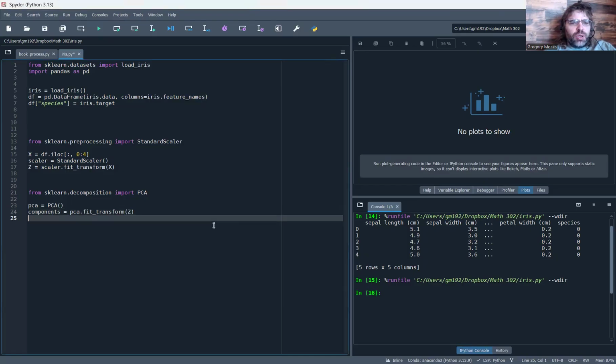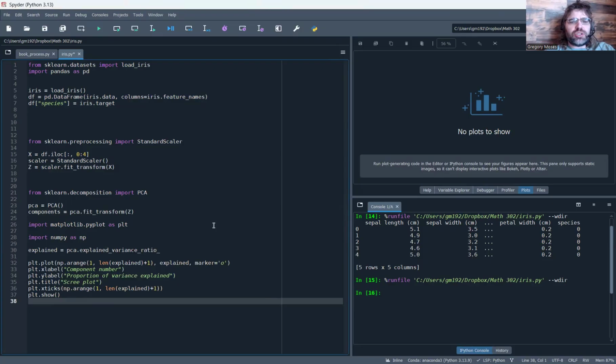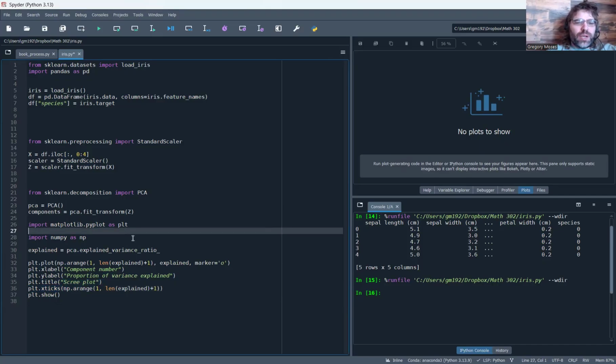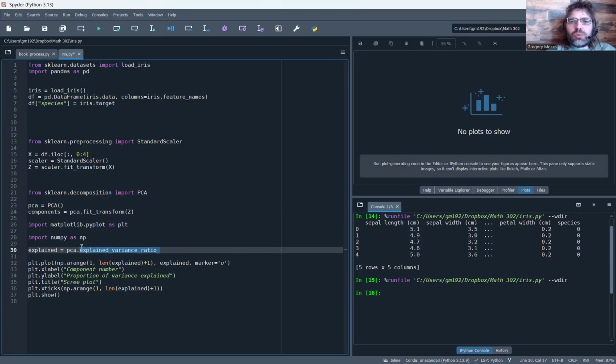How many components do we want? Let's look at a scree plot. Again, the word scree doesn't show up in the code, except for the plot title, but this is what we're doing. For each component, we can call directly the amount of variance that that component is explaining.